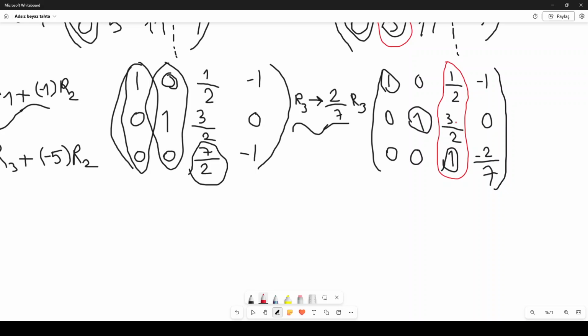So I need to eliminate these values. In other words, I got to change these values into zeros. And how can I do that? By simply adding some multiples of row 3 to both row 2 and row 1 to obtain the desired result.